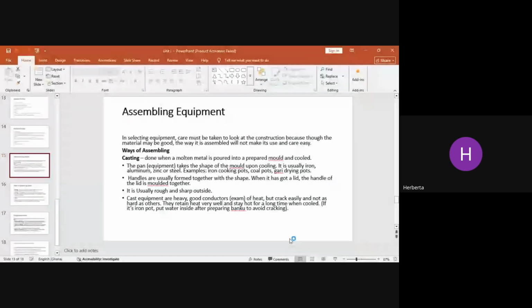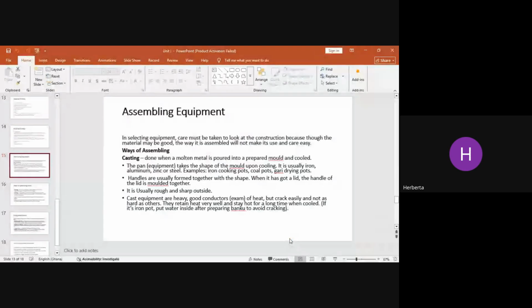Any assemblage of equipment or saucepan that is made by casting, it's like the metal. If it is aluminum that is being used, it is melted. Then they have a pre-informed shape that you want. Then the melted metal is being poured onto the shape that has been molded, or the shape that you want.